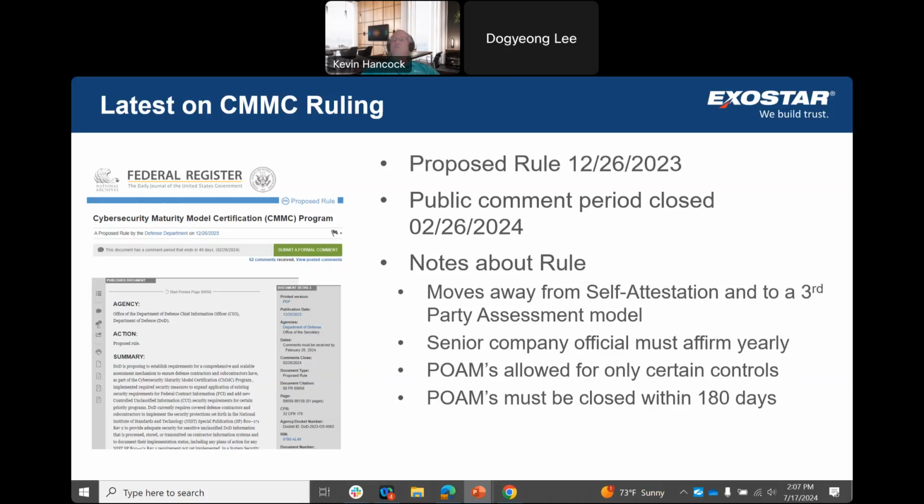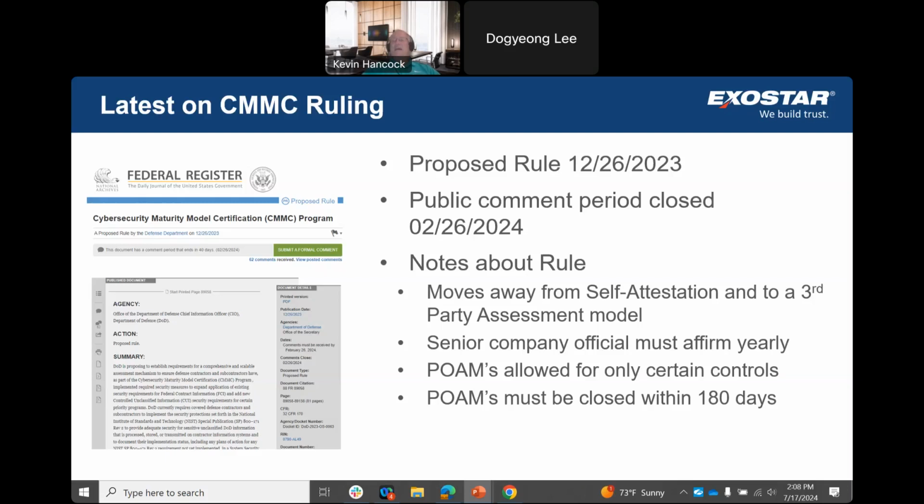If you're trying to reach either level 2 or level 3, you'll be required to do a once every 3-year certified third-party assessment of your CMMC program and how you've implemented the controls.